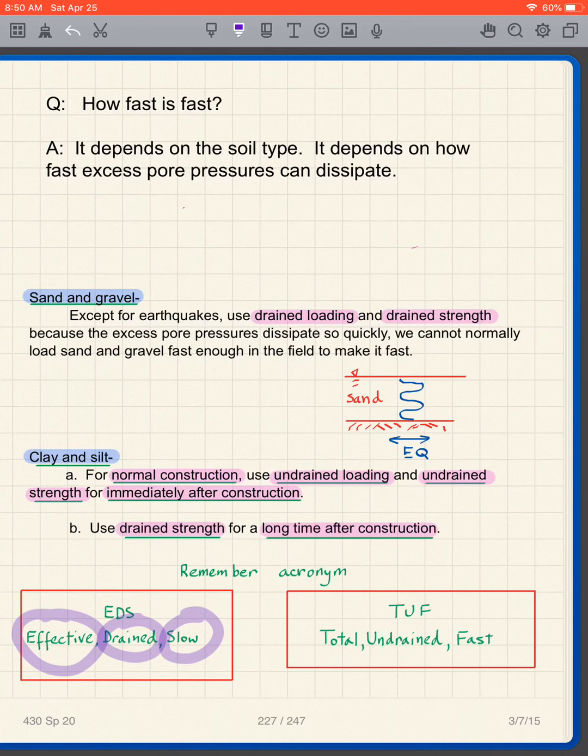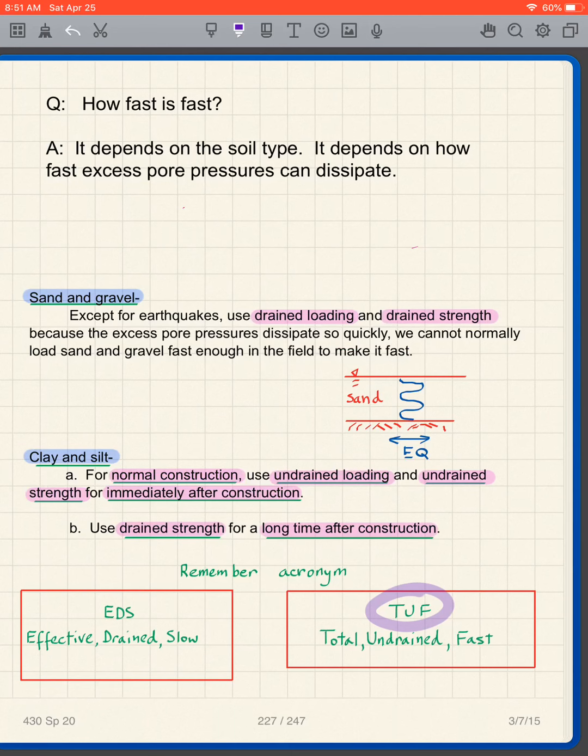Those three go together. That tells us that when the speed is slow, we use drained strengths and effective stresses. That's how we do our analyses.